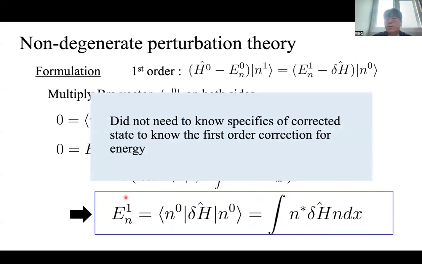So this is important because for this first order correction of energy, I didn't need to know the corrected states. I didn't need to know the corrected eigenstates. This is really useful because typically, as we'll see in the next few slides, calculating the corrected states is a lot more complicated compared to calculating the corrected energy thanks to this.